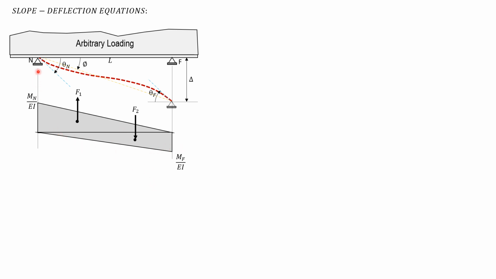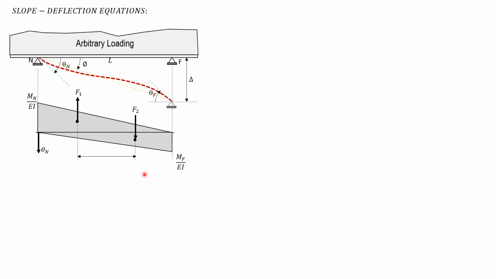And theta N, which is shear here, because this is the left section, the positive shear is supposedly upward. But because the rotation is clockwise, that's negative, so it's downward, theta N. The distance between the centroids is L over 3, this is also L over 3, so this is also L over 3.